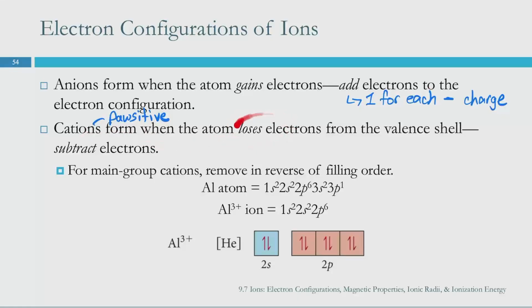Cations form when atoms lose electrons, so they have a net surplus of protons. So for these, we have to remove 1 electron for each positive charge.